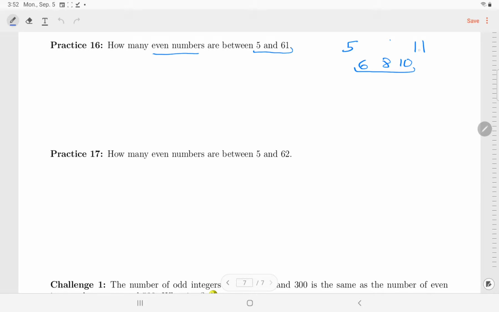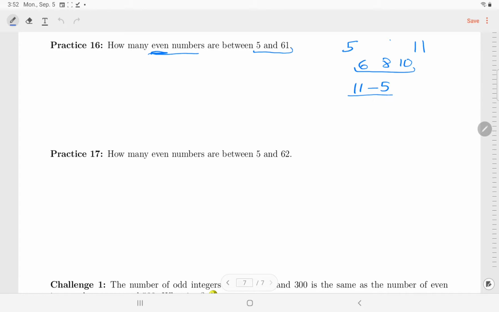So how can I get it without writing them down? So first we have to subtract 11 minus 5. This will give us the number of numbers between 5 and 11. So 11 minus 5. But since we're only looking for even numbers, it's half of all the numbers because we have even and odd.